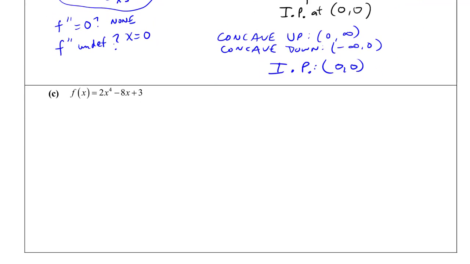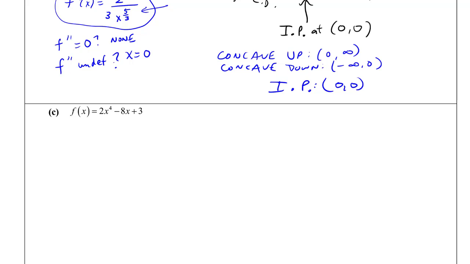All right, let's do one more here. 2x to the 4th minus 8x plus 3. First derivative, 8x cubed minus 8. Second derivative would be 24x squared.